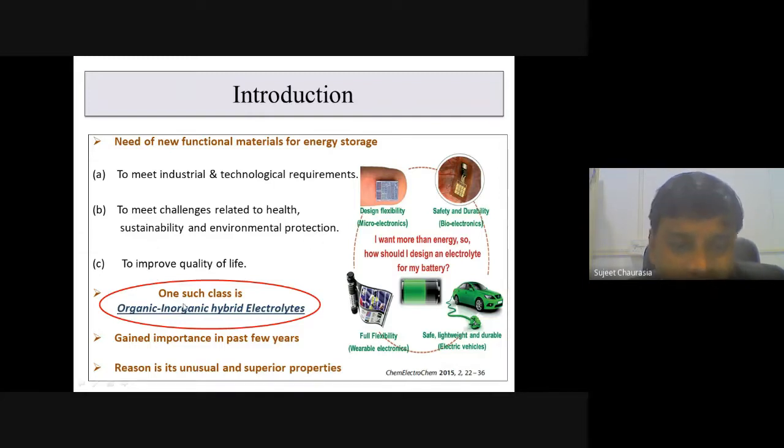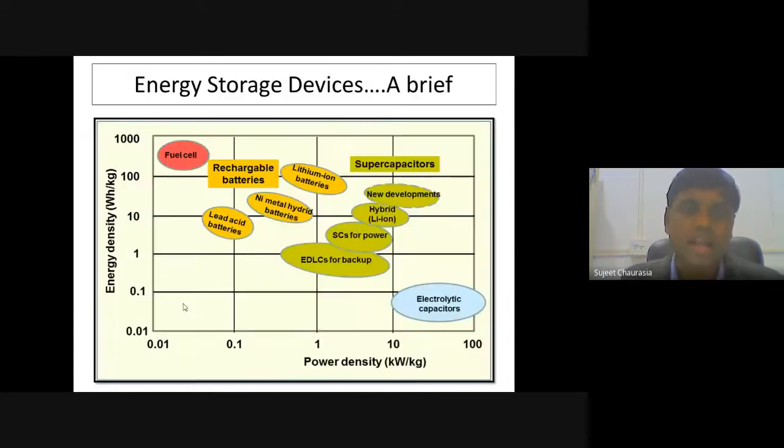One such class of electrolyte material is the organic inorganic hybrid electrolyte, which can be obtained by combining the organic polymer and inorganic filler particles at the molecular level by the sol gel method, which will be described in later slides.